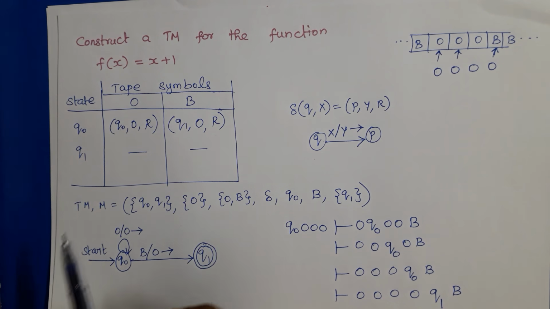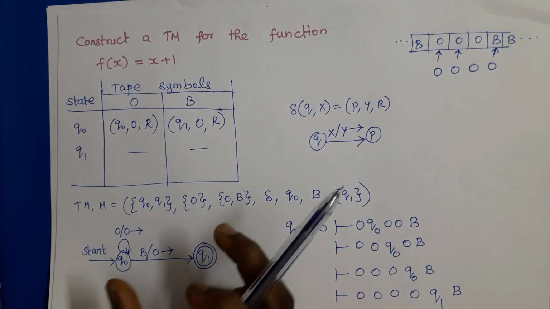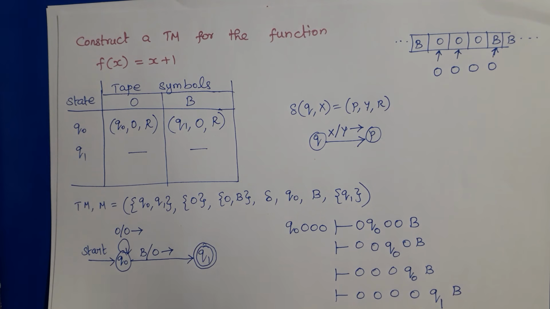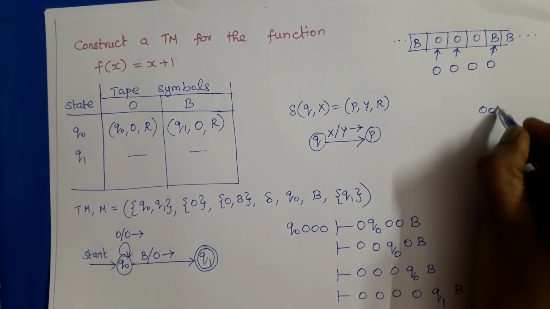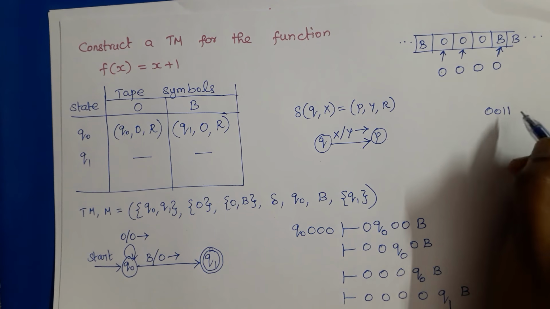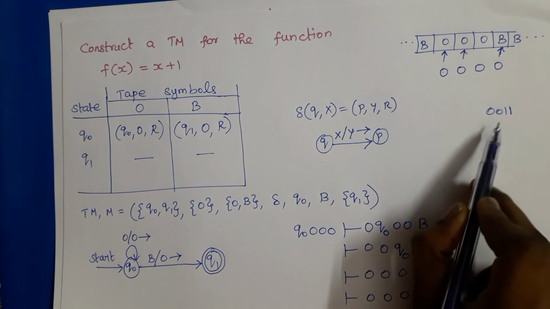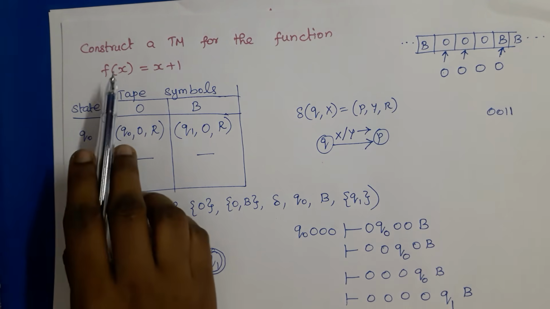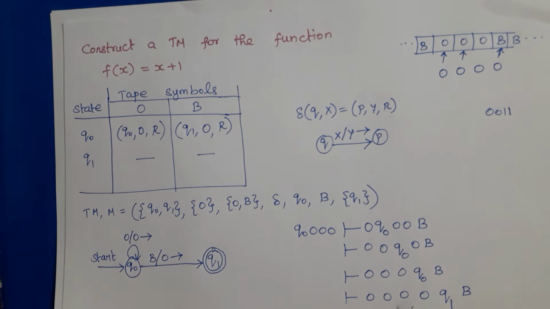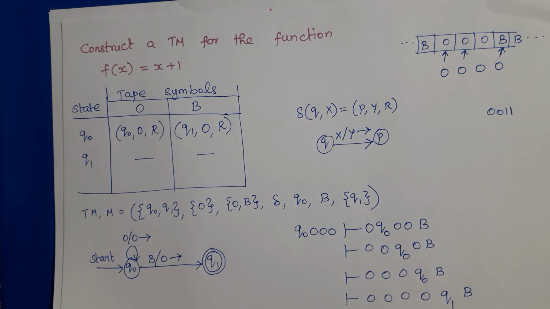And if we want to check whether a string has an even number of zeros, 0 to the power n 1 to the power n, or a palindrome, these problems are Turing machines as acceptor, because we check whether the string has n zeros followed by n ones or not. It is not going to generate an output. But in this type of function, the Turing machines are called transducers or computing devices.